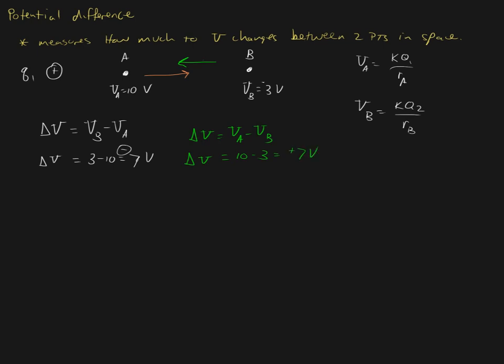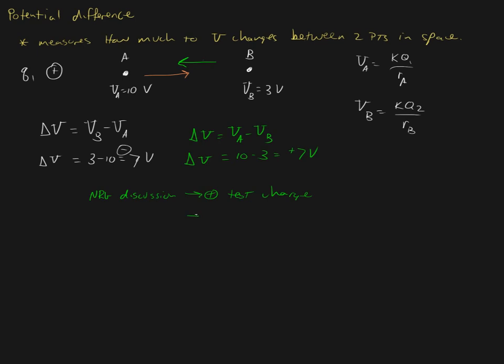And what that's telling us is that there was an increase in the potential energy as we went from B to A. Now keep in mind, my description of loss and gain of energy was all dependent upon a positive test charge.